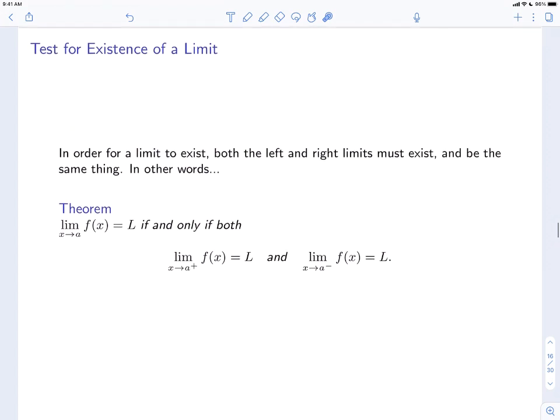This gives us a convenient test for the existence of a limit. In order for a limit to exist, both the left and right limits must exist and be the same thing.